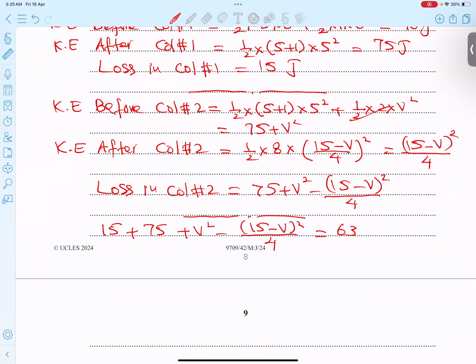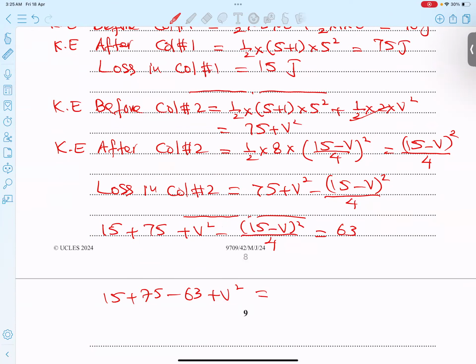Okay, students, what to do afterward? So this gives you 90, and this comes to the other side, out of 90, I mean to say 15 plus 75 minus 63, plus v squared. This completely I'll take on the other end.